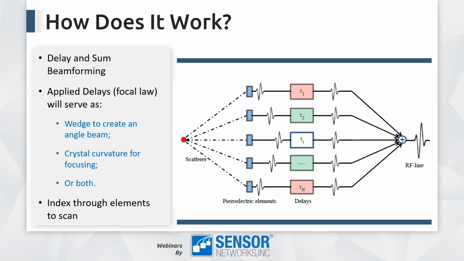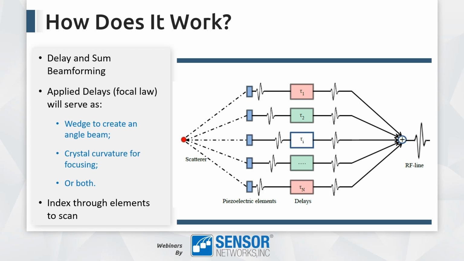All of the elements have a slightly different arrival time because of the different path length. We can apply delays to align those signals, and we sum them all together and therefore generate a single RF line that represents, in this case, focusing of the sound at that particular point. Although this graphic shows you the receive operation, this works equally well for transmission, where we delay the transmit pulses and therefore create waves that will focus at a point.